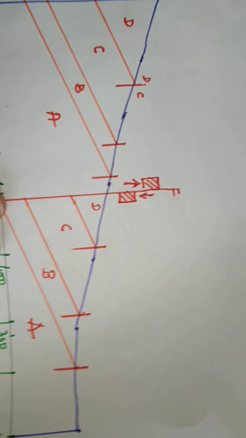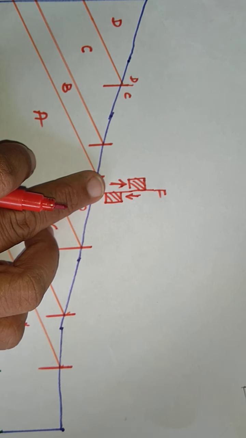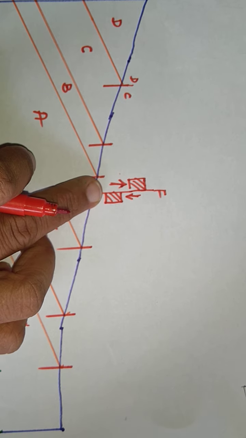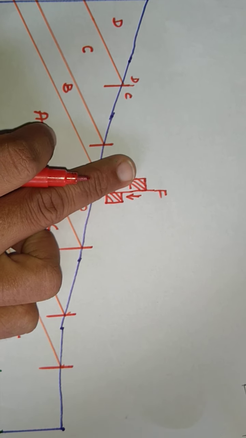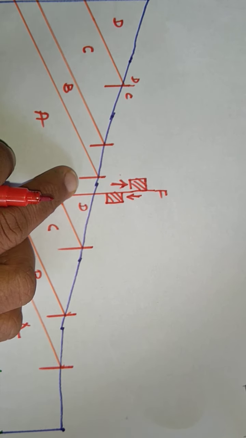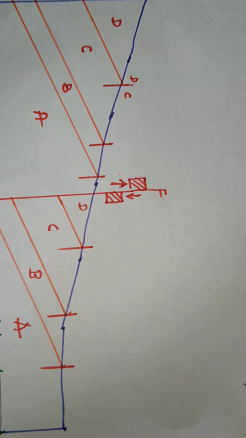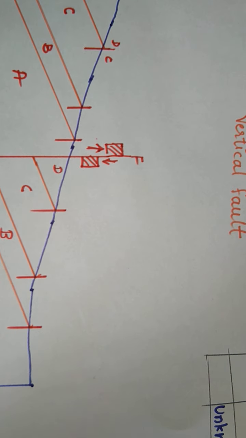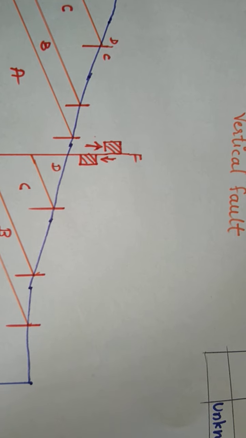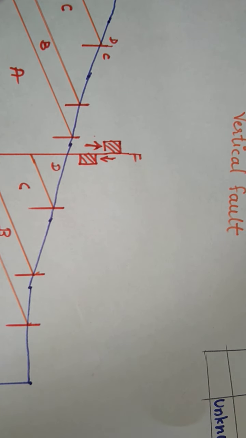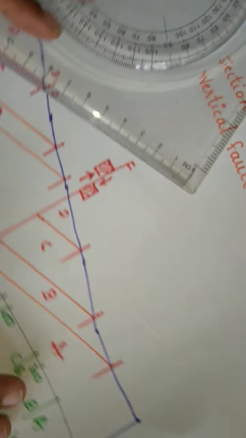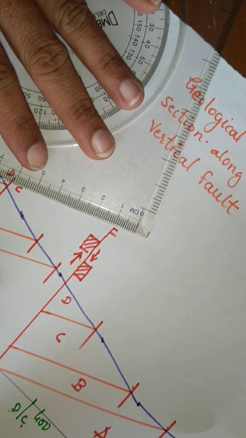Now by how much amount these beds have displaced, that also we have to find out. To find that, a simple way is you can find it on the map also. I'll tell you both the ways.